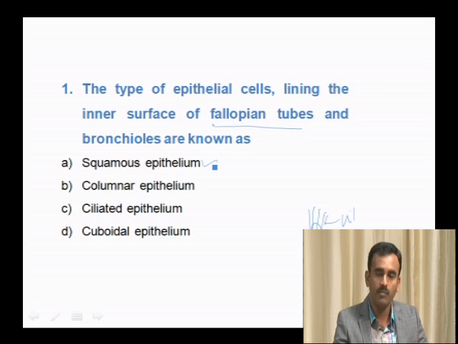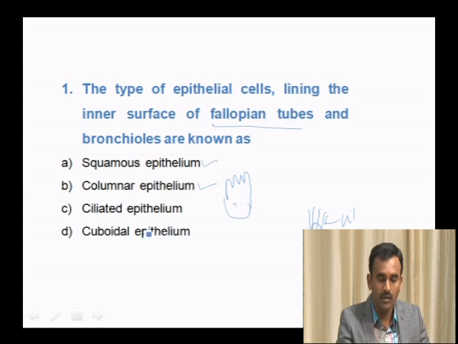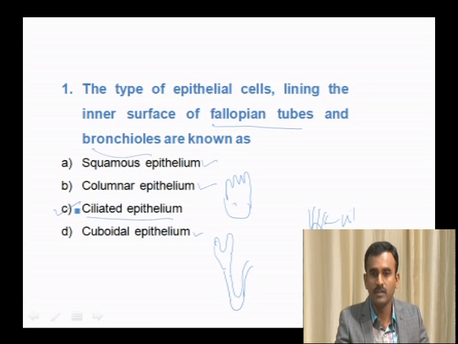Squamous epithelium is present in the inner surface of lungs, the alveolar wall. Columnar epithelial cells present in the inner surface of the stomach and intestine form microvilli, which help in the absorption of food materials. Cuboidal epithelial cells are present in the inner surface of kidney tubules or nephron, and in the fallopian tube and bronchioles, ciliated epithelial cells are present. Ciliated epithelial cells is the answer for this question.